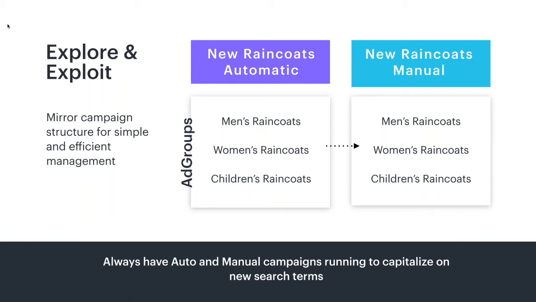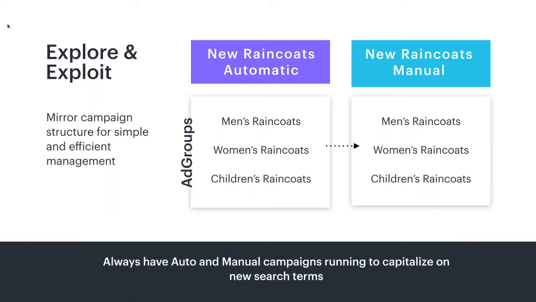So now, once we've established our campaigns and built our ad groups underneath them, you want to make sure that you're taking advantage of both automatic and manual campaigns. We've held a series of webinars over the past couple of months on sponsored products that you can reference back to if you want more of the basics on automatic versus manual.